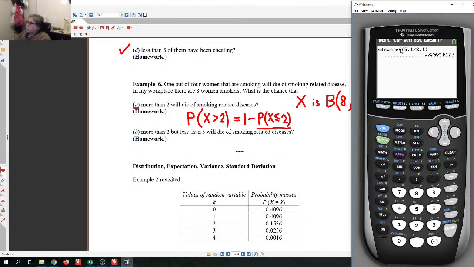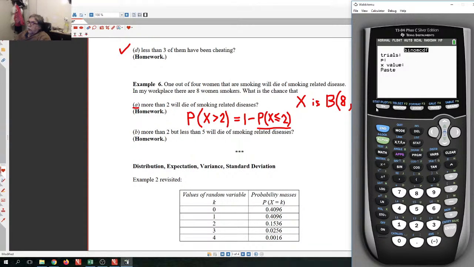Okay, so notice here, in the previous calculation I have binomial PDF, which is probability density function. I now need a cumulative function, something that accumulates those masses on the way, up to 2, including 2. And there is a function like that on your calculator. Distribution, binomial PDF, binomial CDF. This is a binomial cumulative distribution function. How does that work?